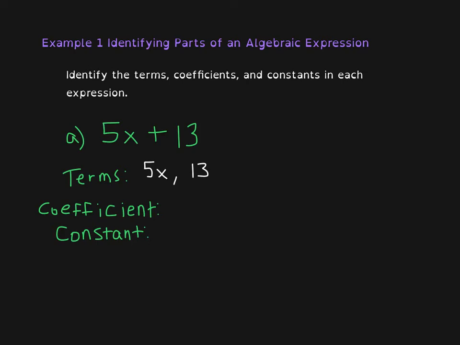So which factor contains a variable? The 5x. So the only part that's coefficient is the 5. Remember, it's the numerical, or the number, that goes along with the variable. And then my constants are anything without a variable. So my constant in this situation would be 13. So this one's not too hard, but the next one gets a little bit more difficult.